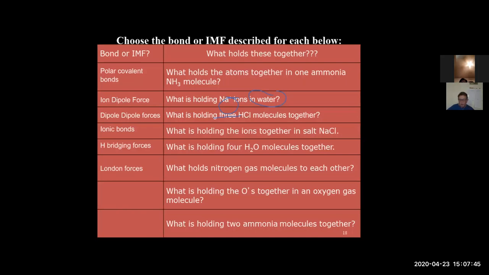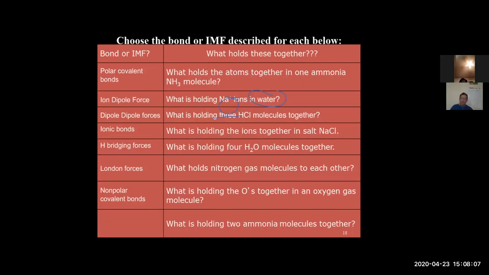What is holding the oxygens together in an oxygen gas molecule? Here we're dealing with the bond, talking about what is holding them together, okay? It's a covalent bond. The two oxygens are the same, so it's a nonpolar covalent bond.